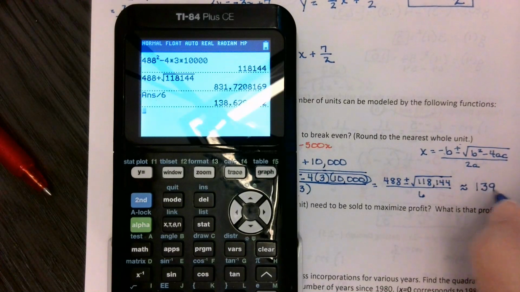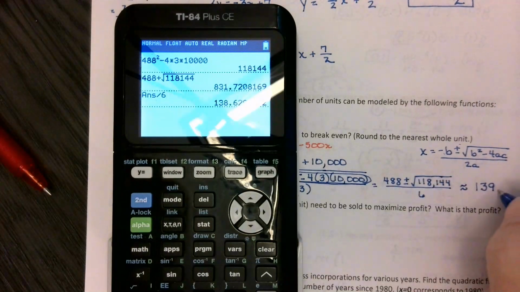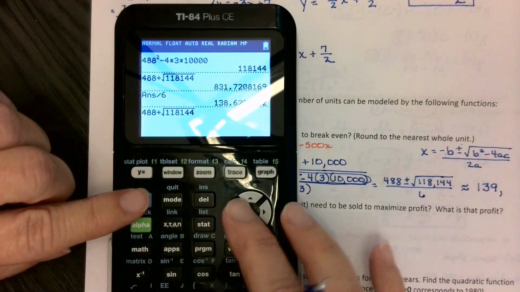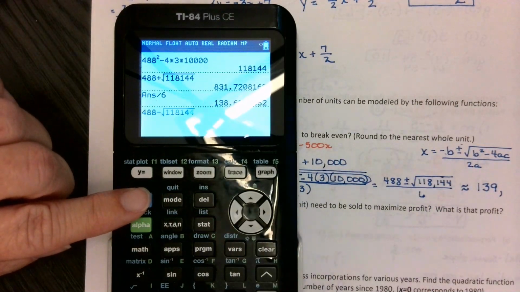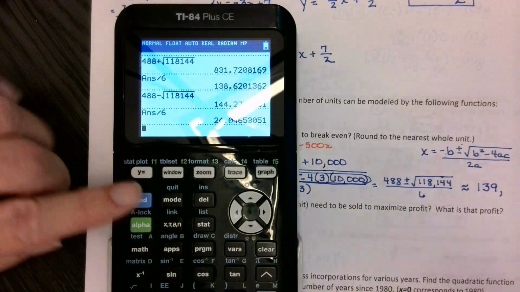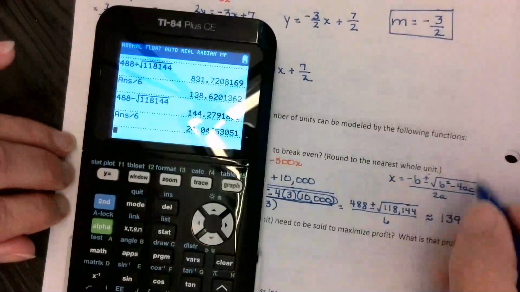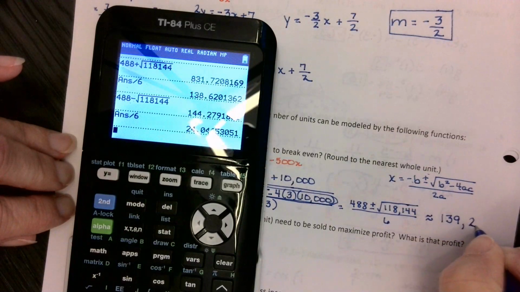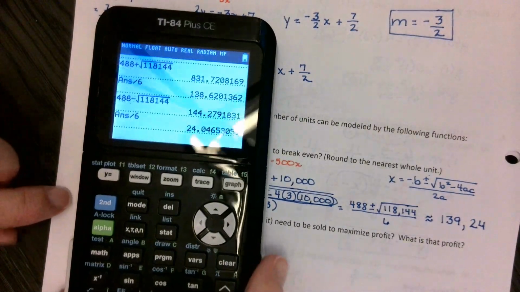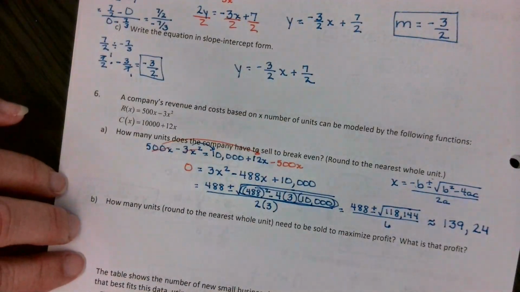Well, you still have to check the other one. I'm just going to bring it back up by hitting second enter, change that to a minus sign, hit enter again, and then divide it by 6, and I get 24. So you must sell 24 units or 139 units to break even.